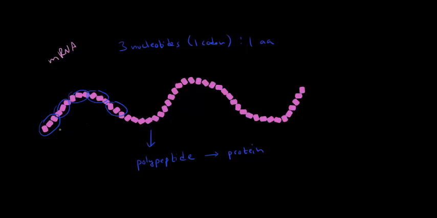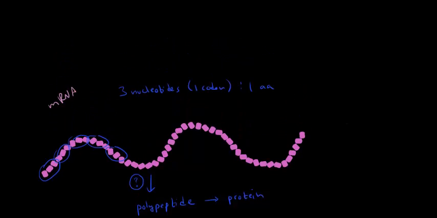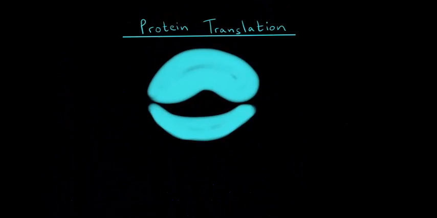So the question is, how do we get from this piece of mRNA to the polypeptide that we want? In other words, how do we read this piece of mRNA? And the answer to that question is through a process known as protein translation. And protein translation happens in an organelle in the cell called the ribosome, which is the picture that you're seeing right in the middle.